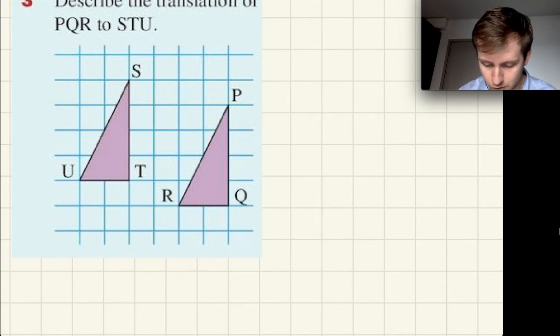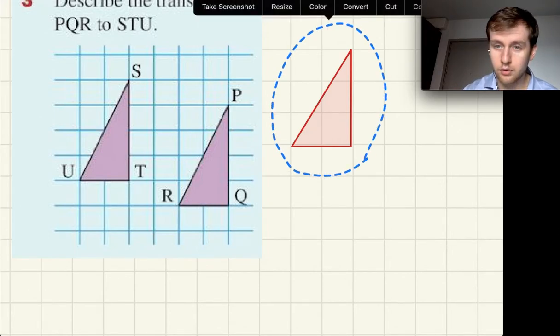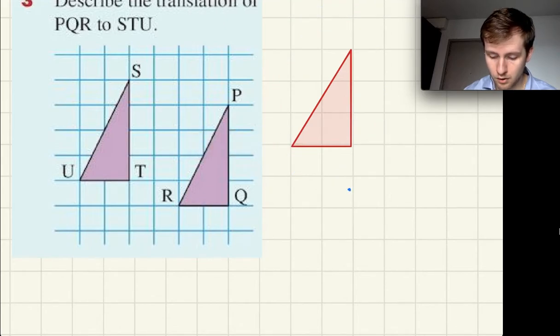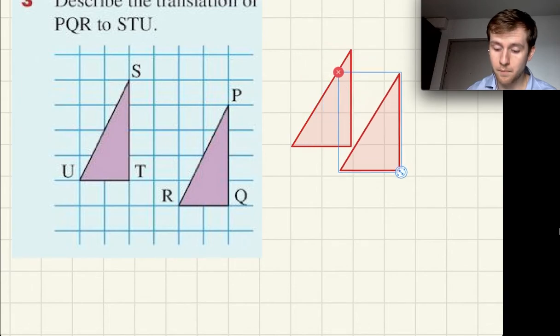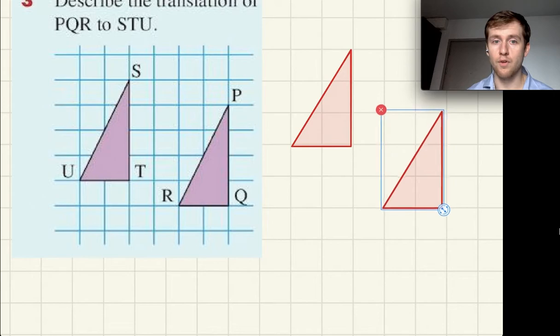So what happens, I'll try to show you. Let's say we have a triangle here, and then we just copy this triangle, paste it right here, and then I move it. This is what translation is. It's just a movement of a shape.